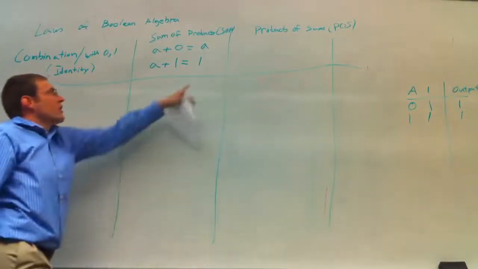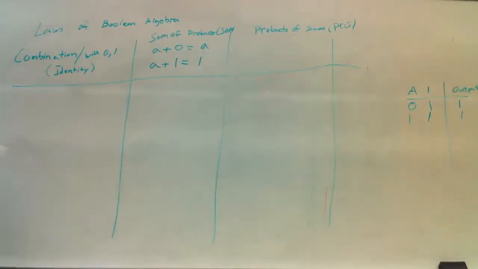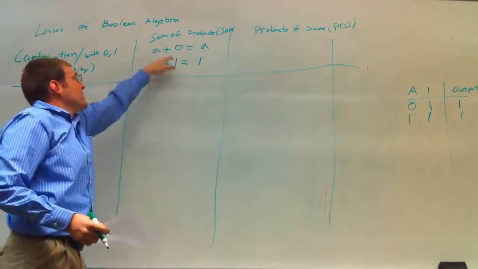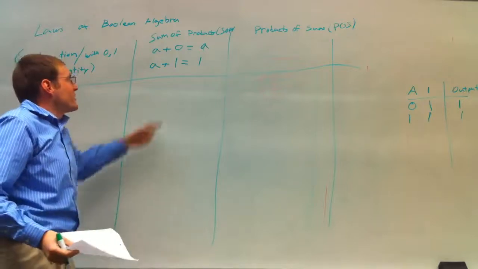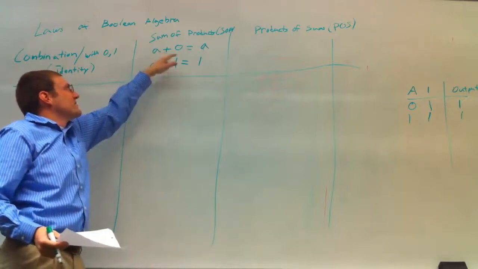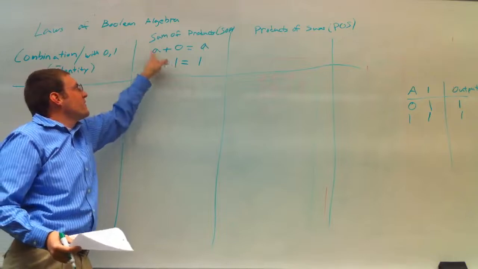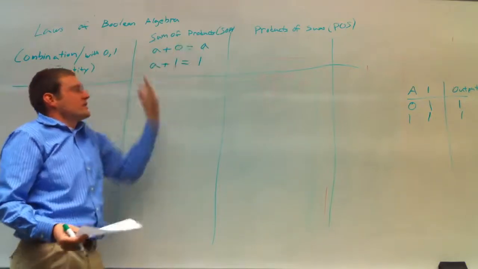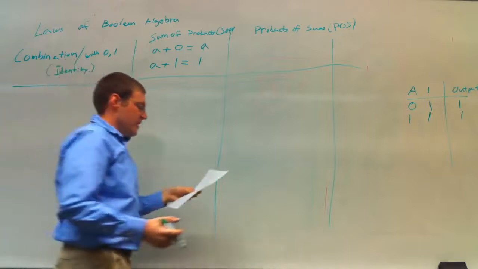So no matter what, our answer is always going to be 1 on the output. This tells me it's a sum of products, basically your algebra, the summation of different products.